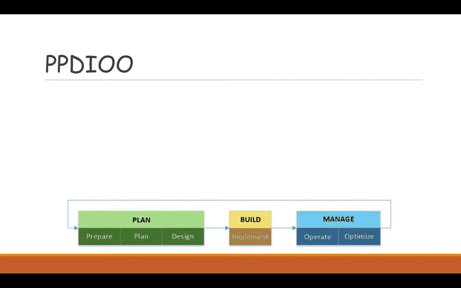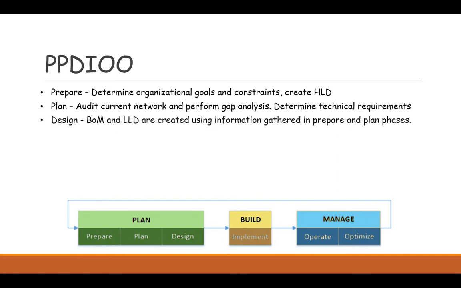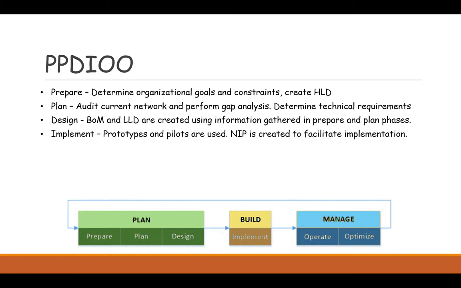This consists of the prepare phase, where you determine organizational goals and constraints and create your high-level design. The plan phase, where you audit the current network, perform a gap analysis, and determine the technical requirements of the design. The design phase, where your bill of materials and low-level design are created using the information gathered in the prepare and plan phases.